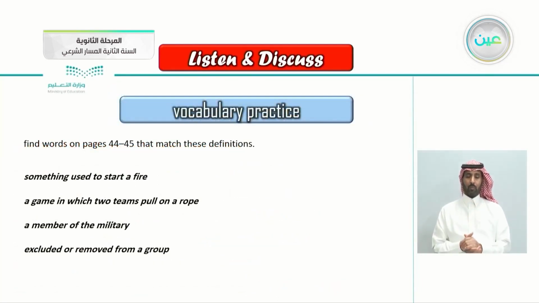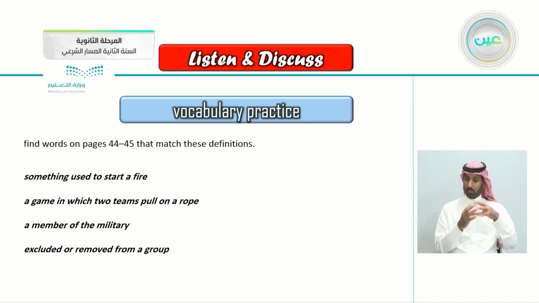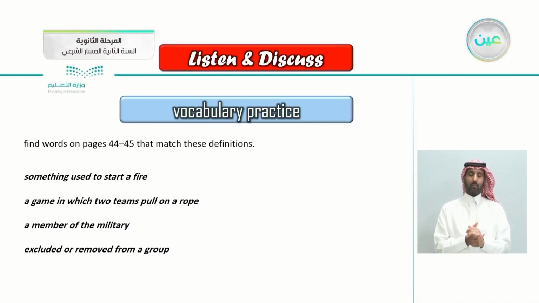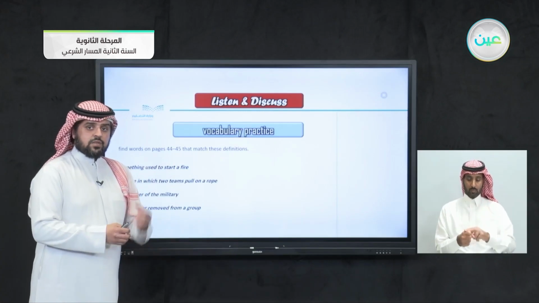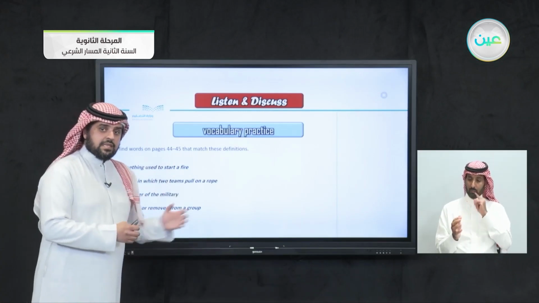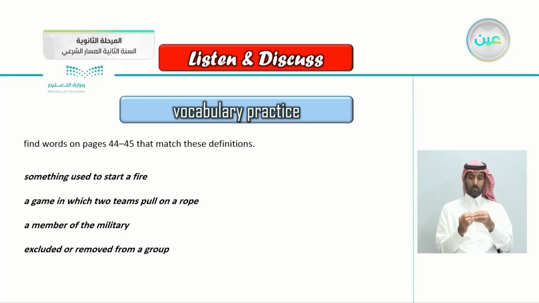Here's a vocabulary practice for you. Find words on pages 44 and 45 that match these definitions. So we have definitions here. I want you to read the text again and find words that have these meanings.